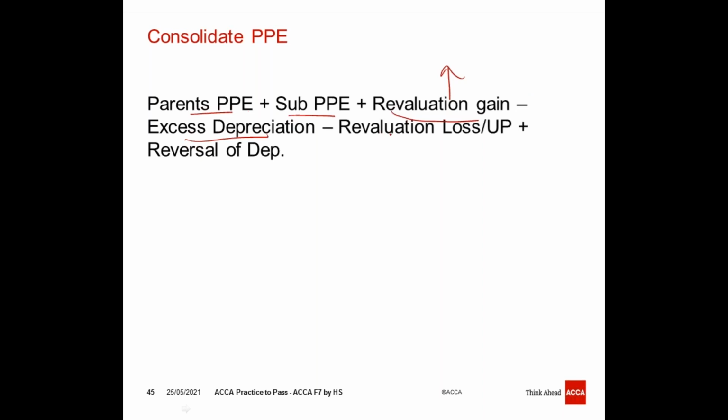And sometimes there will be a downward revaluation or unrealized profit on a non-current asset. In that case, you need to make a reversal of depreciation. So when there is an upward revaluation, there will be an excess depreciation. And when there is a downward revaluation, there will be a reversal of depreciation. This is called consolidated property, plant and equipment.